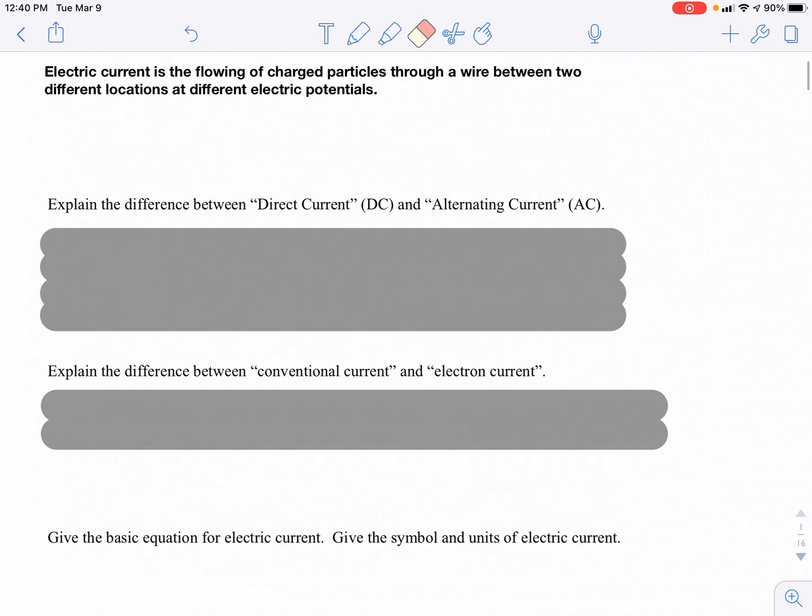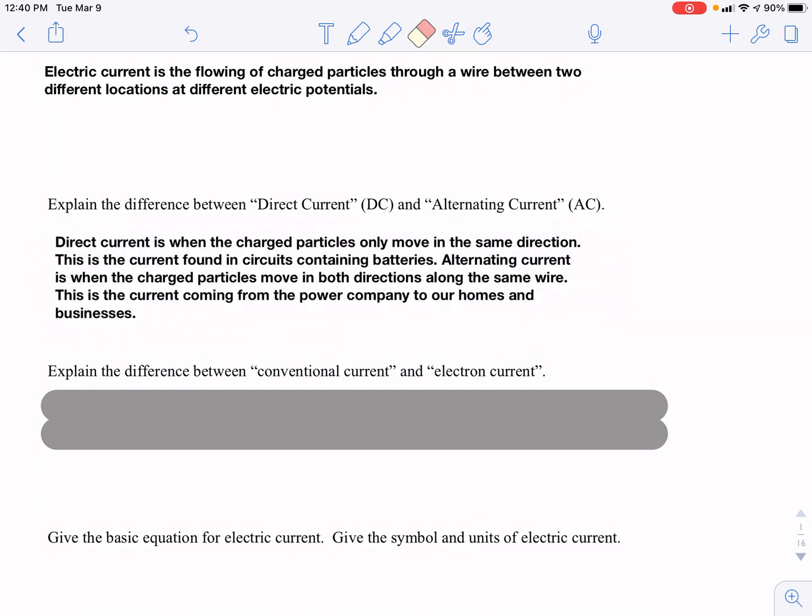We'll be focusing mainly on DC electricity, but it's helpful to contrast that with AC electricity too. DC stands for direct current and AC stands for alternating current. Direct current is when the charged particles move in only one direction, meaning they move in a single loop from one side of the battery, the positive side, to the negative side of the battery.